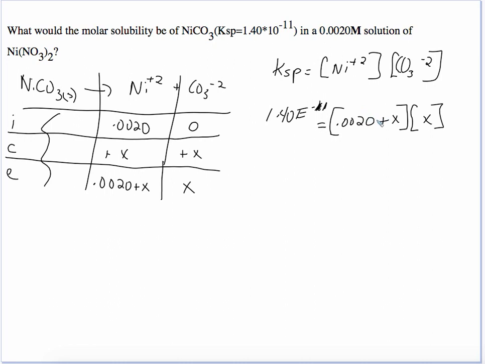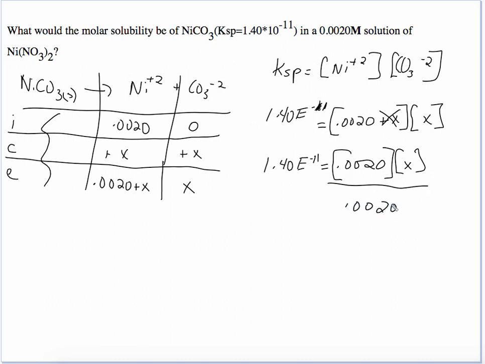Now, once again, this Ksp is such a small number, which means very, very little of this is actually going to dissolve. And so what you can do is just drop the x. And so then you're going to get 1.40 e to the negative 11 is going to be equal to 0.0020 times x.